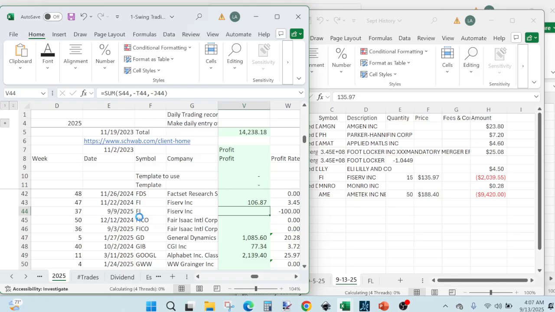You can take it out of there as well. And that would be a direct entry for it.